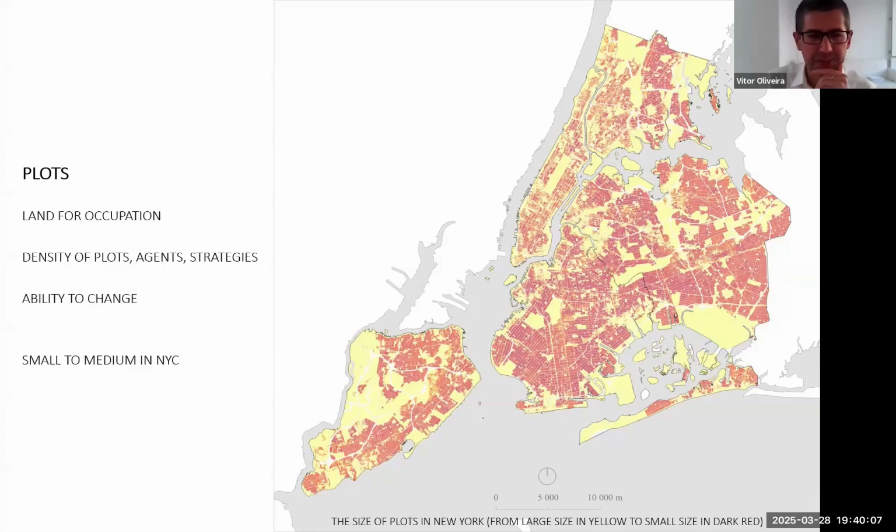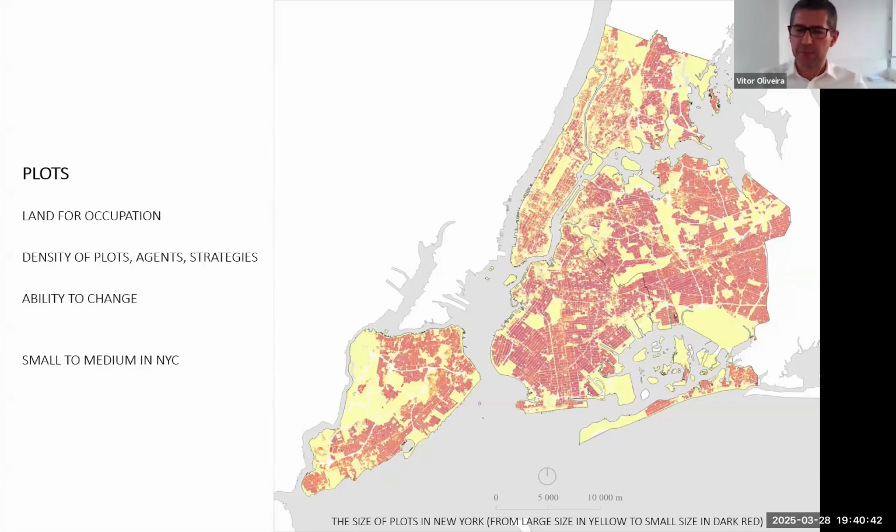Another important aspect of plots is that small plots are easy to change. They respond very well to new demands of society, of economy, while large plots tend to be static. Once you build a large building, it will stay there. No matter the problems it creates, it will tend to be there for many years.